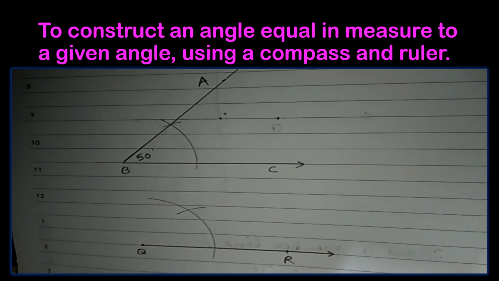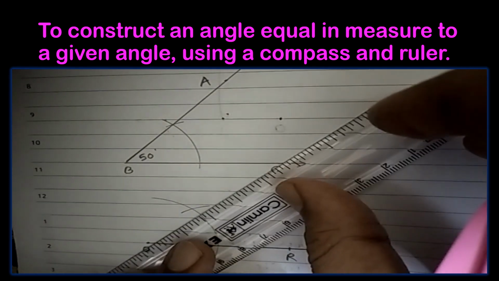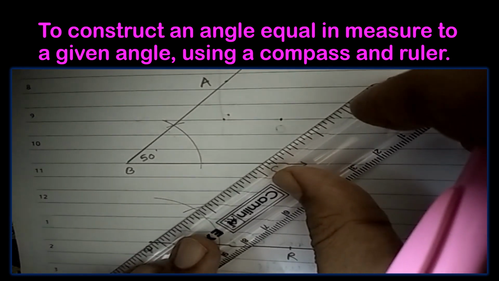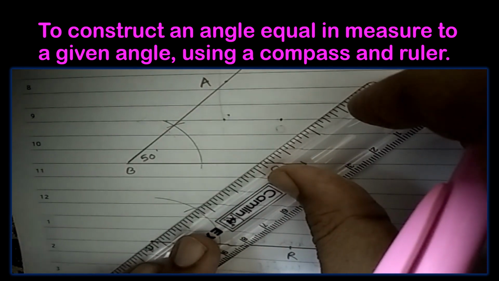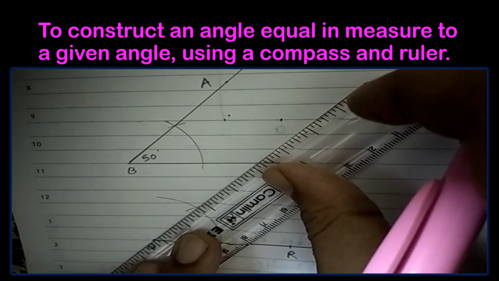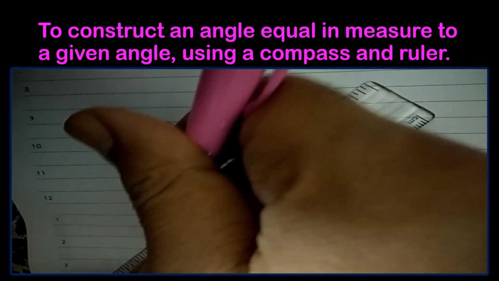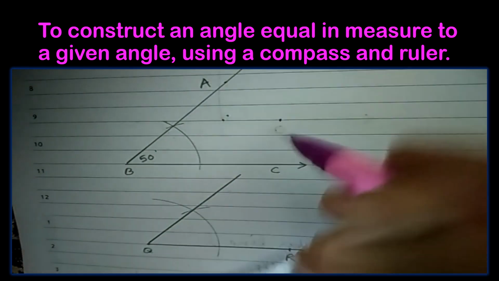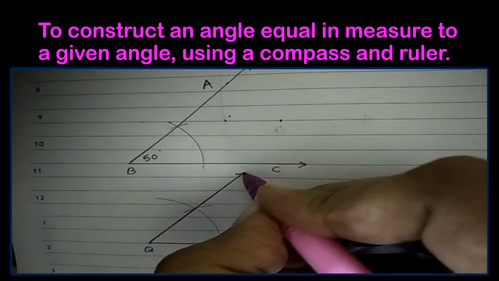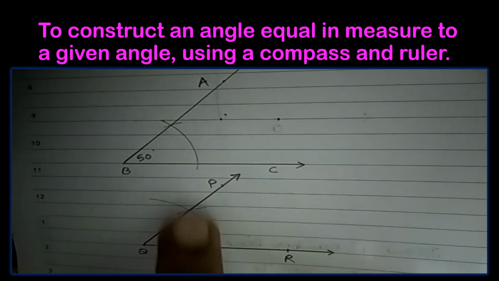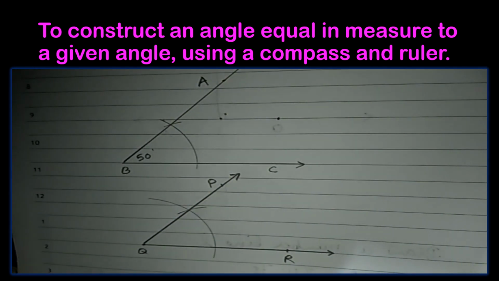Okay, now I will draw a ray passing through Q and the intersection point. And I will name this as P. So I have PQR as an angle.